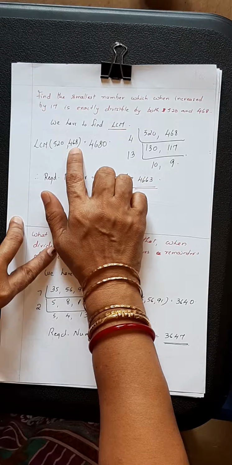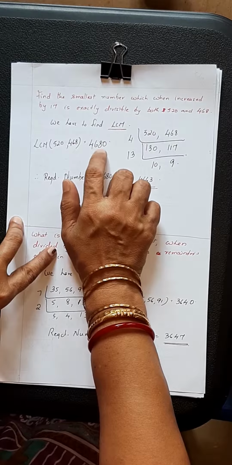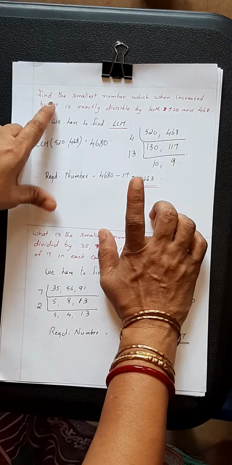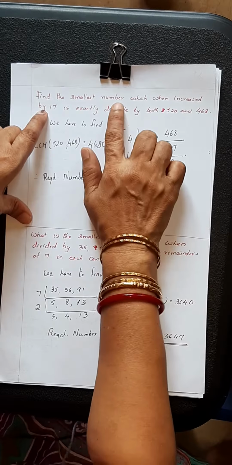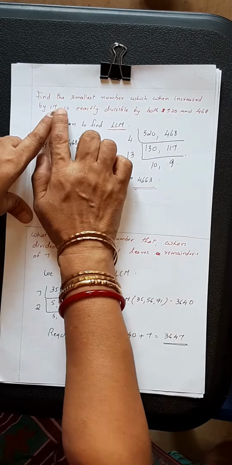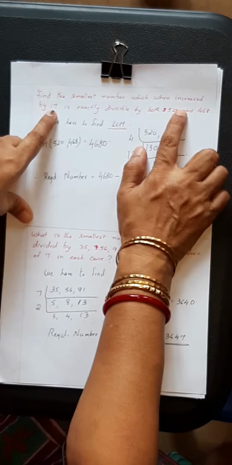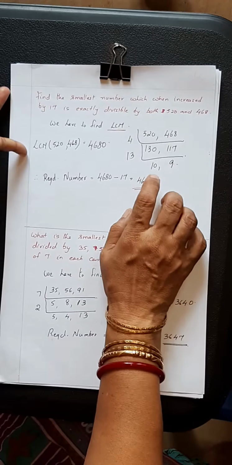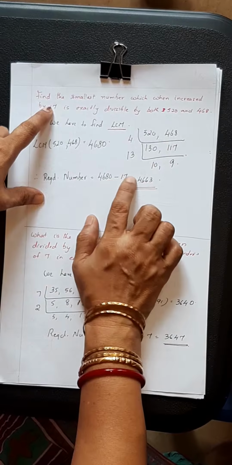So for 520 and 468 you get 4680. But the question asks for the smallest number which when increased by 17 is divisible by these. So we want a number which is lesser than that. So you have to subtract that 17 from this number.